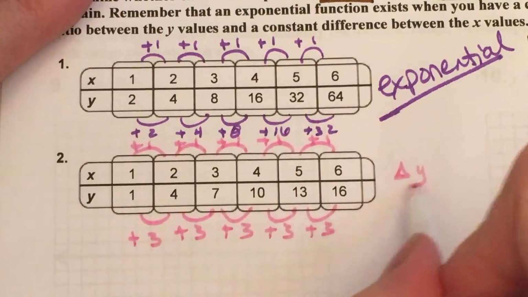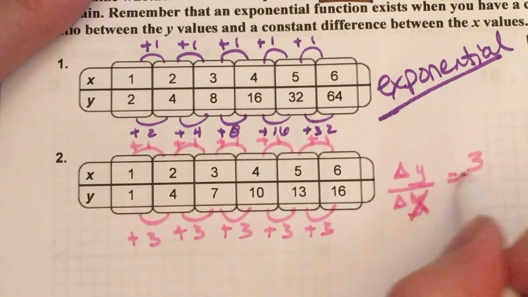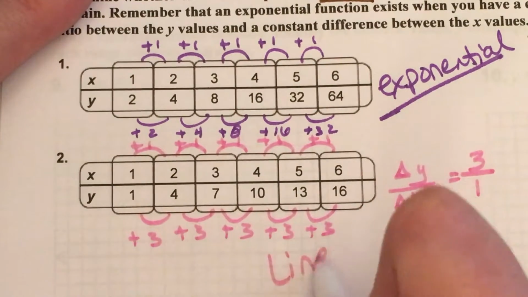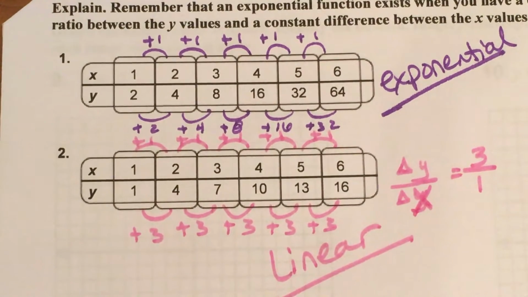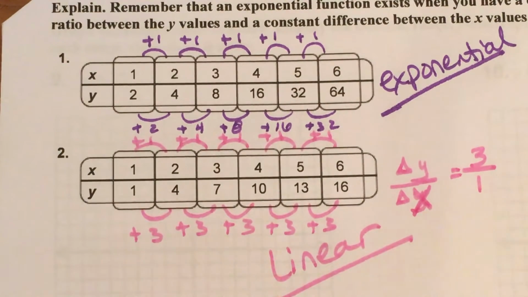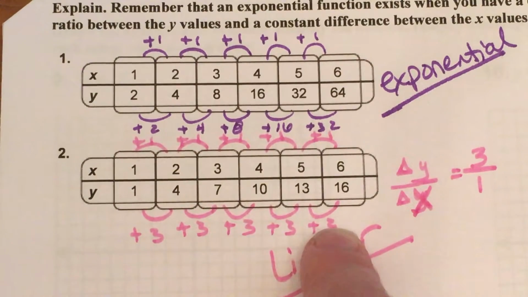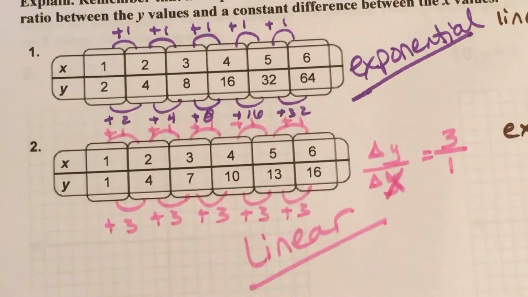Okay, so for this, we had a very constant rate of change of 3 over 1. This is linear all the way. Do you see the difference in how to look at a table to determine if it's linear or if it's exponential? This had the same amount of change for each ratio. This did not. This like blew up. It was about to get real big.